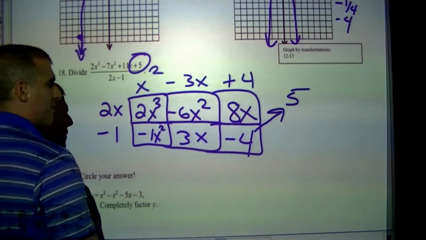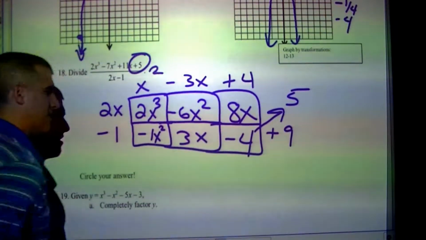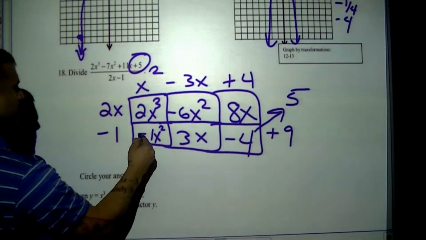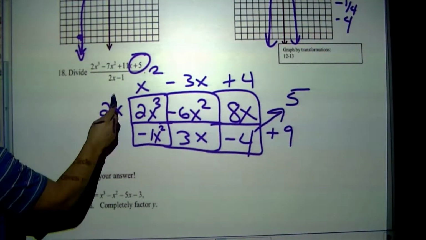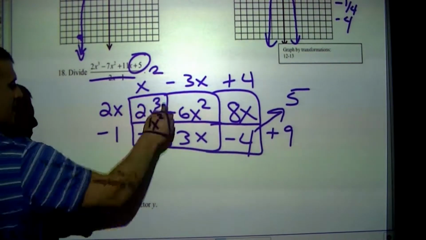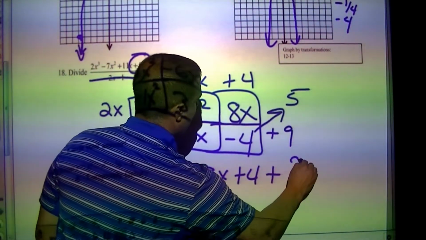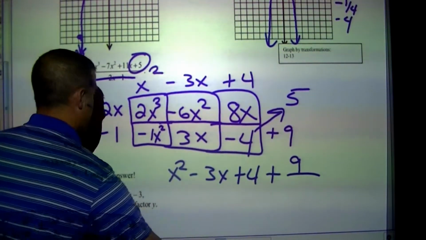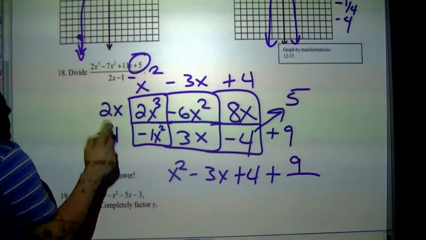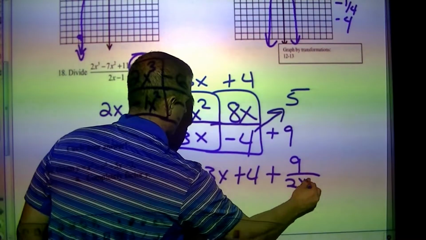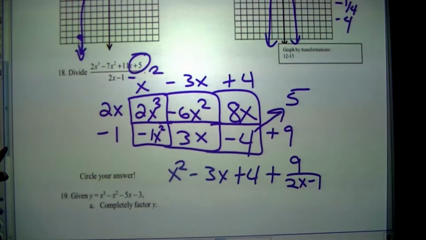Well, how would you get to 5? You would add 9 to get to 5. So my answer here to this problem, I've used this already, so this can't be part of my answer. It's going to be 3x plus 4, plus 9 over 2x minus 1. Okay? And there's my answer there.